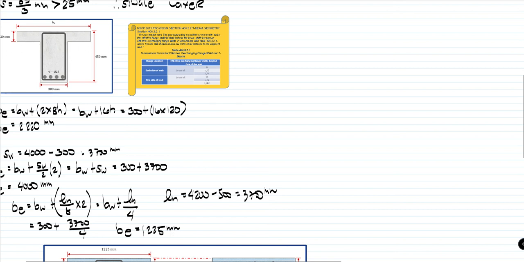And sabi ni code, choose the lesser of the three. So, the lesser is the BE, which is, so therefore, that will be BE is equal to 1,225 mm. Ito na ngayon yung ating effective flange width na gagamitin natin for our analysis.